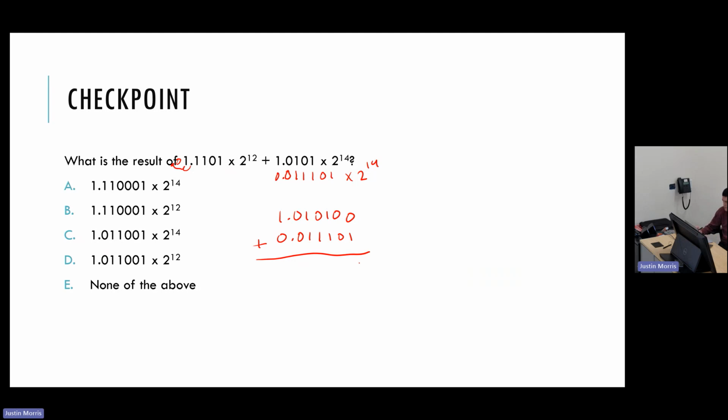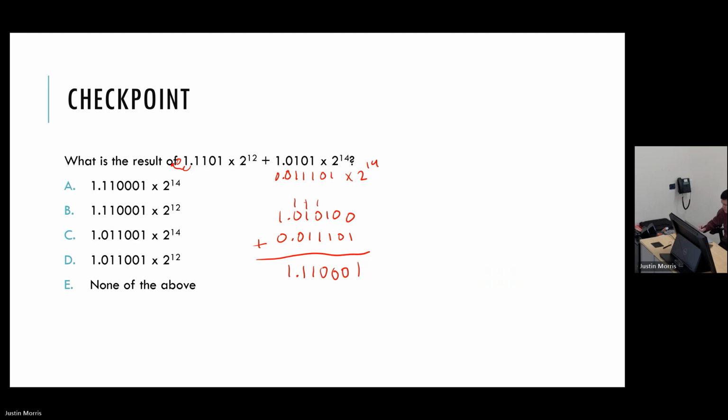1 plus 0. 0 plus 0. 1 plus 1. 0, carry the 1. 1 plus 1. 1 plus 1 plus 1. 1, carry 1. 1 plus 0. 1 plus 0.